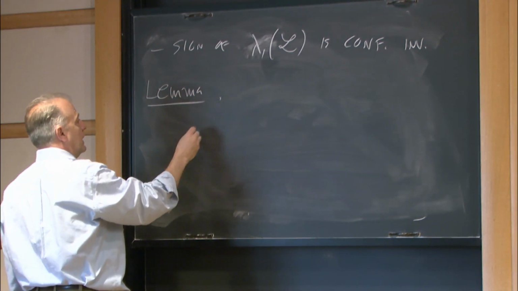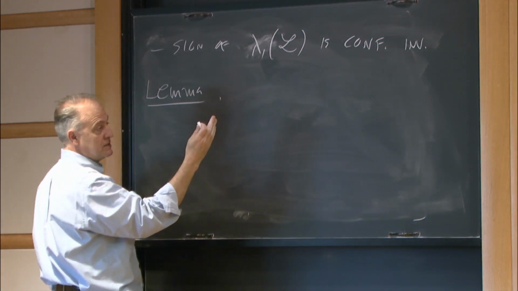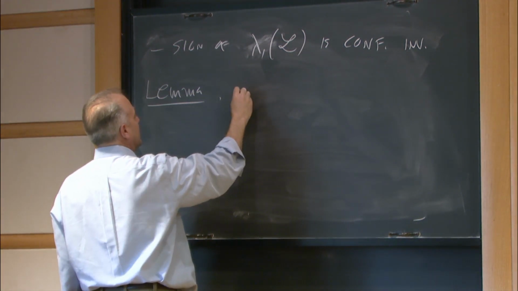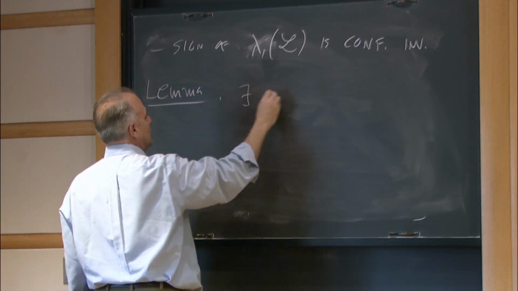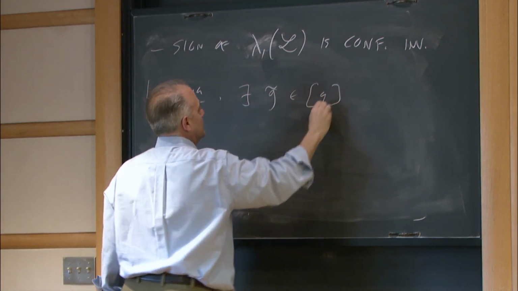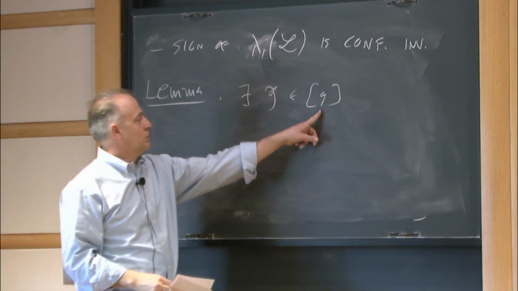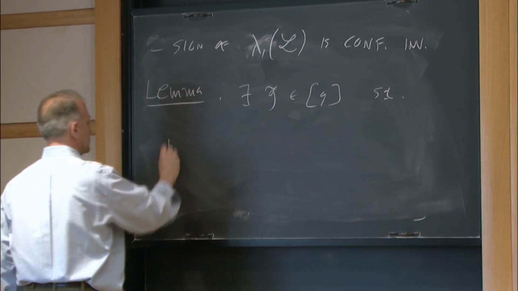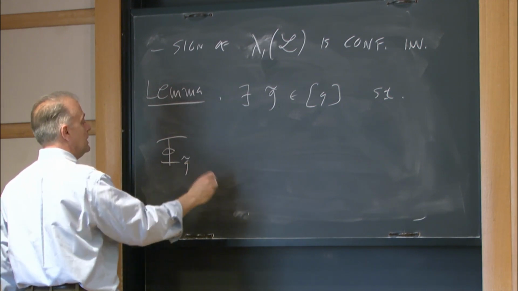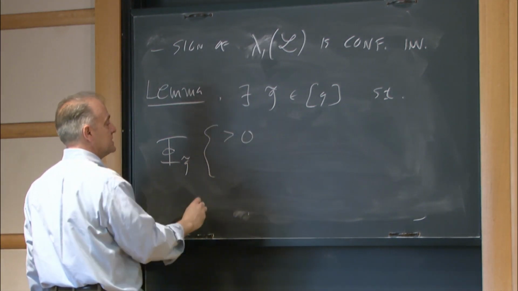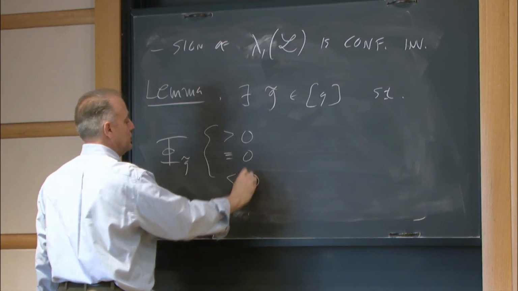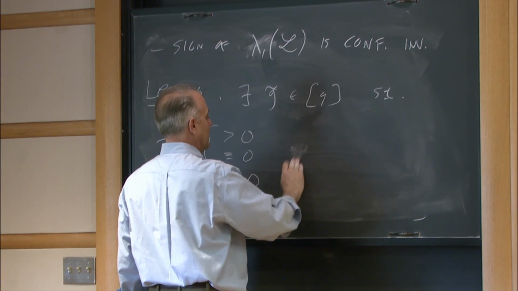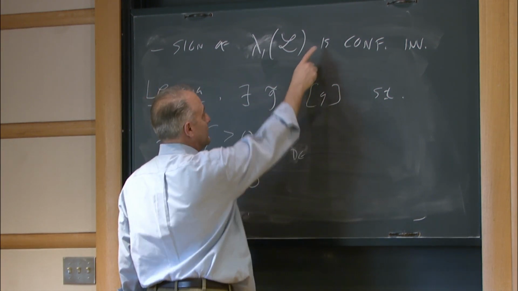If you're given any conformal class of metrics on a compact manifold of dimension at least 3, then there always exists a conformal metric, so you can pick out a metric in that conformal class such that this modified scalar curvature I just defined has fixed sign. It's either strictly positive on the manifold, identically 0, or negative. Which case depends upon the sign of lambda 1.